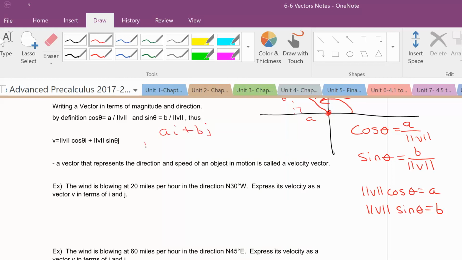Now we could have the magnitude of V times the cosine of theta i plus the magnitude of V times the sine of theta j as a vector, because those replace the A and the B. And that vector can represent the direction and the speed of an object in motion, and that can be called a velocity vector.